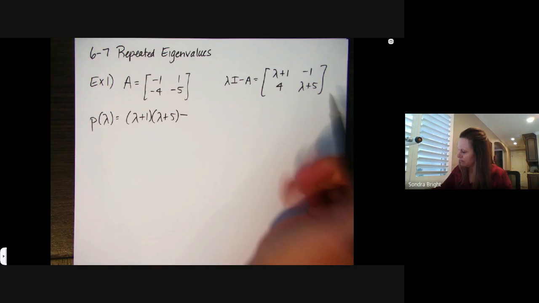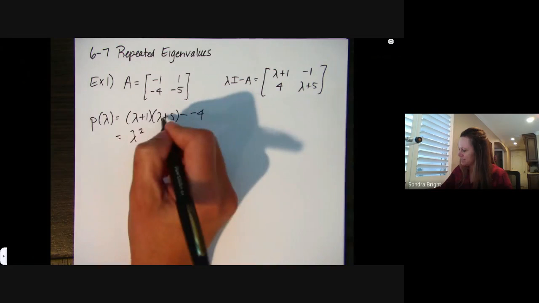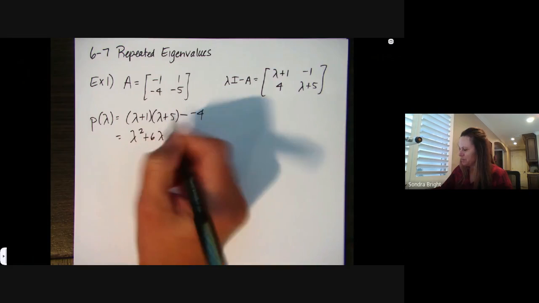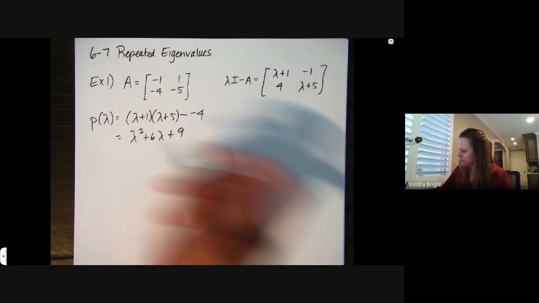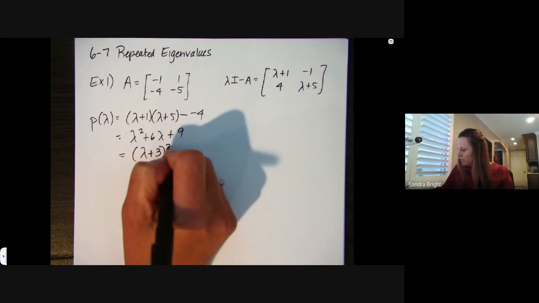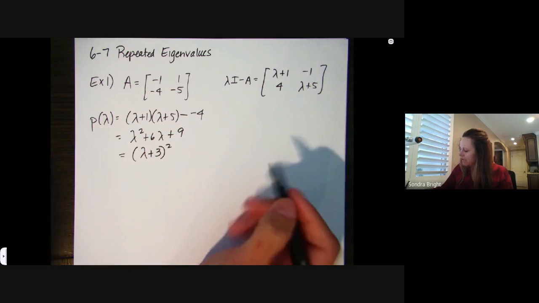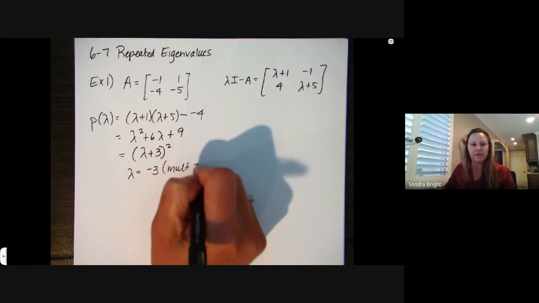Well, that'll give you lambda squared plus 6 lambda plus 5 plus 4, which will give you a 9. So that means I've got lambda plus 3 quantity squared. So that means your eigenvalue is negative 3, but it's got a multiplicity of 2.